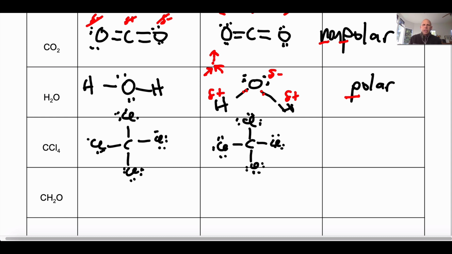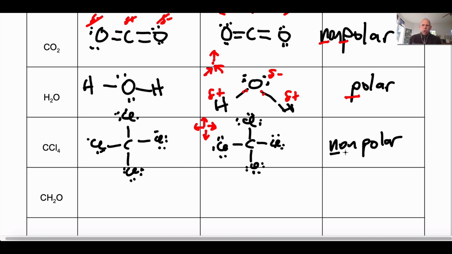Let's look at the dipoles. Cl is farther to the right on the periodic table, so Cl pulls harder on the electrons. We have a dipole going here, here, here, and here, so we have all these polar bonds. But is there a molecular dipole? No. These all cancel out. There is no molecular dipole, so the molecule is non-polar.